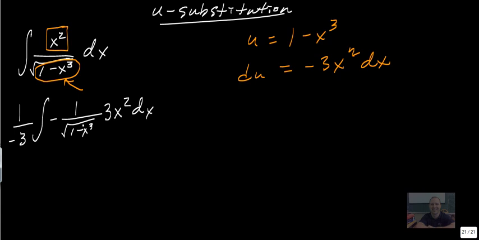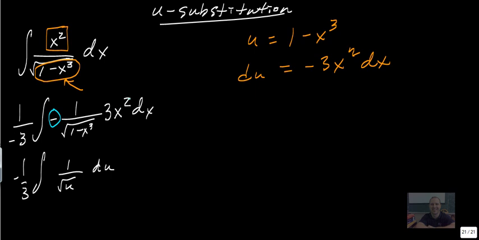Now I look at this part right here, and I say to myself, can I simplify this any? Well, let's do our u substitution and see what happens. So I have negative 1/3 times the integral of 1 over the square root of u, du.